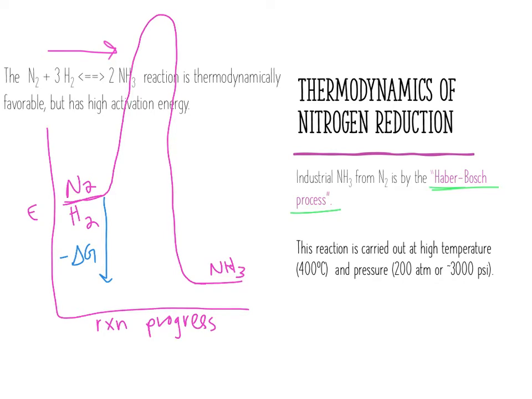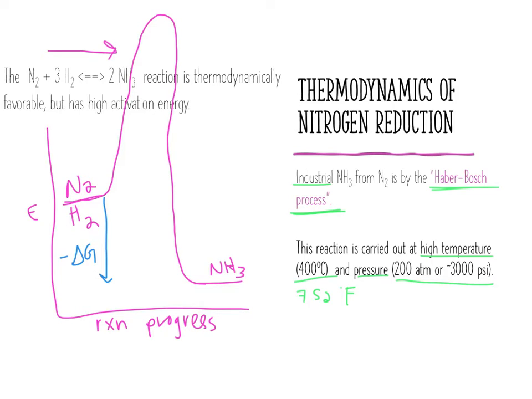This Haber-Bosch process, which is an industrial process that happens in a factory, happens at really high temperatures, 400 degrees Celsius, which is 752 degrees Fahrenheit, and a really high pressure, 300 ATMs or 3,000 PSI.